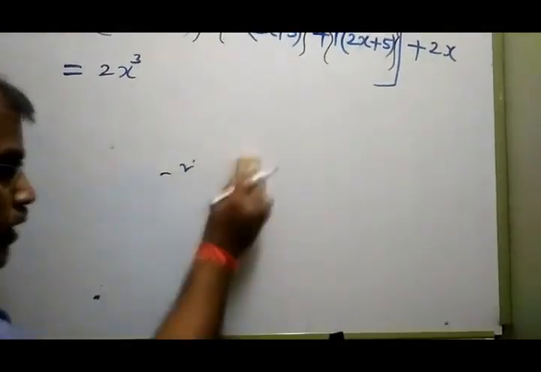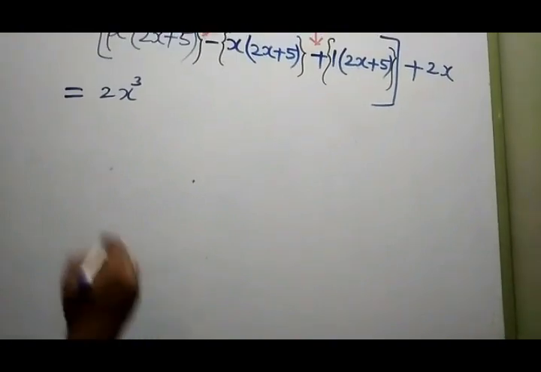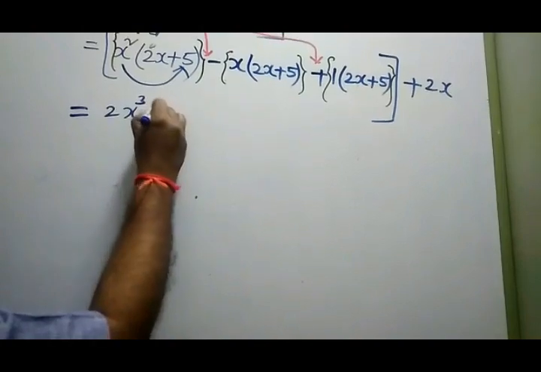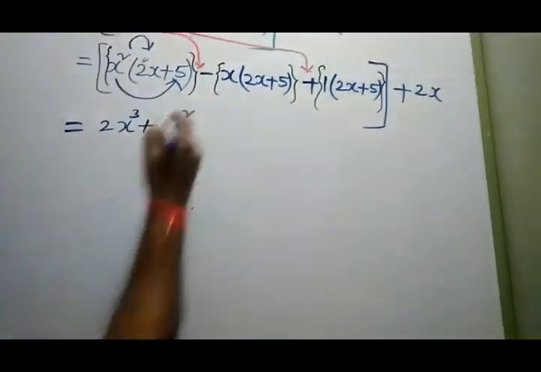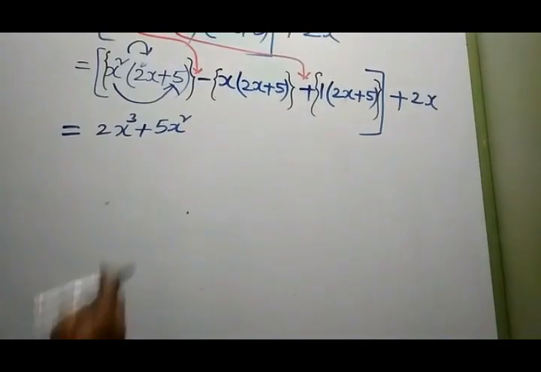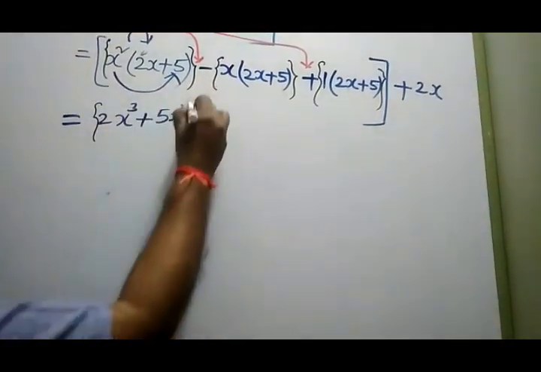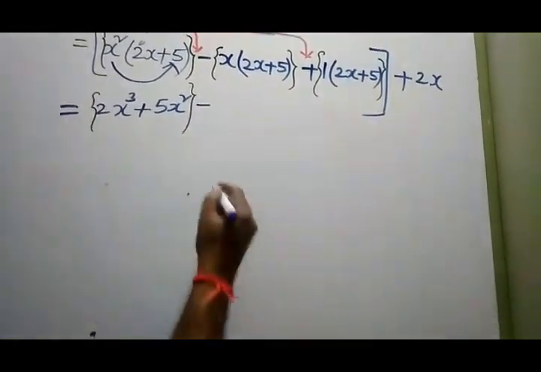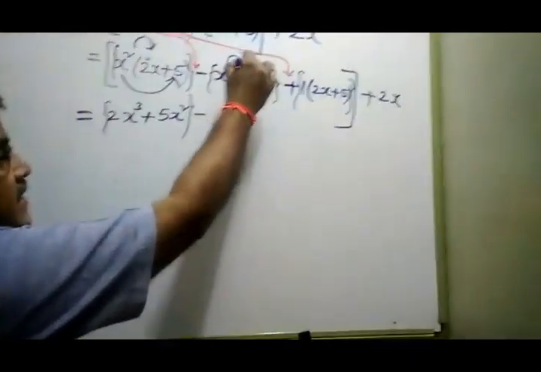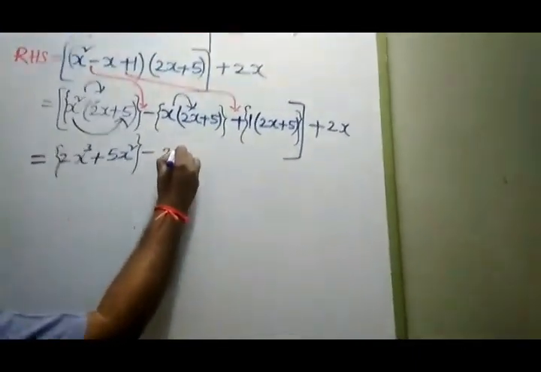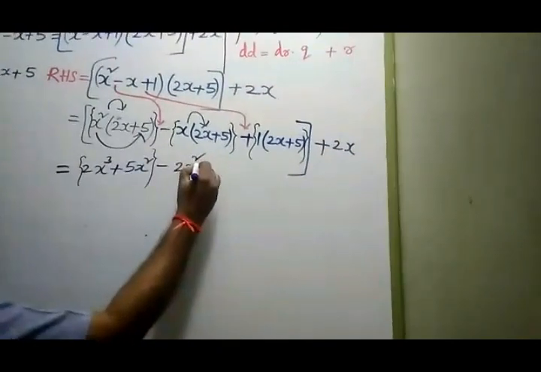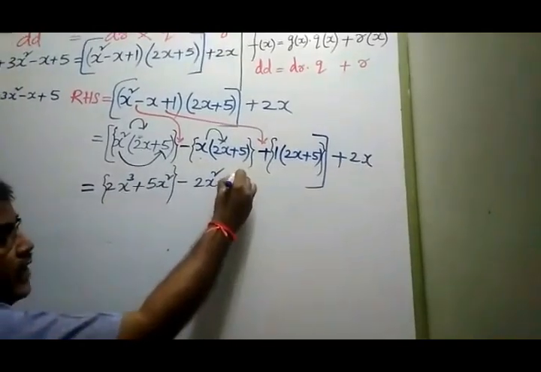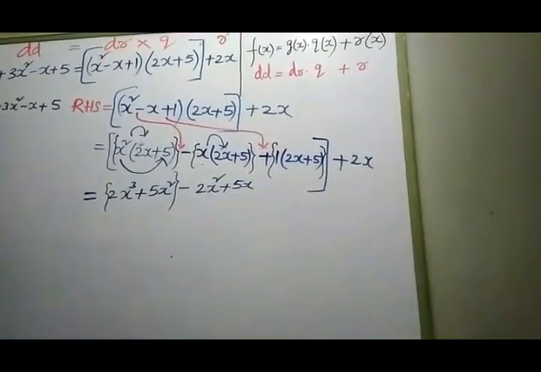Anyhow I have written. Next one is x square into 5. This is very simple, x square into 5 is nothing but 5x square. Only the curly brackets as usual. Minus x into 2x, that is 2x square, x into 5, 5x.